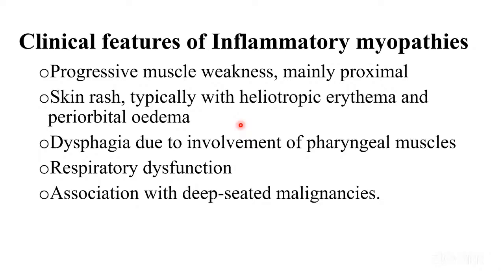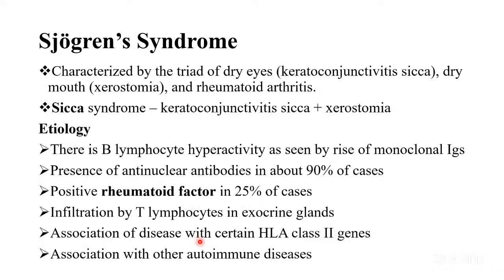They can't even open their eyes very well because the muscles have been affected. They have no elasticity, the muscles are not working properly, fibrous tissues are deposited there, and they're not contracting and expanding properly. Then dysphagia from problems with the pharyngeal muscles, then respiratory dysfunction, and this is also associated with deep-seated malignancies.